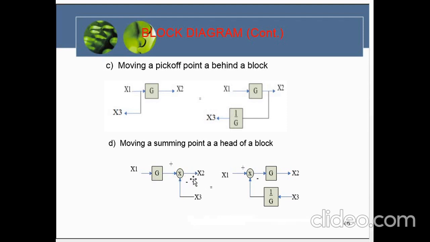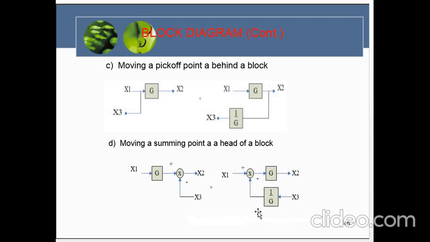Here we see that X2 equals X1 G minus X3. After we move it, how to eliminate the effect? Because here there is no effect of G, but if we move it here, there is a G effect.